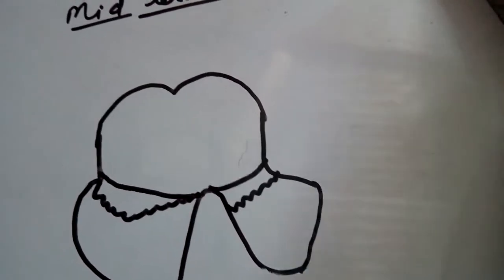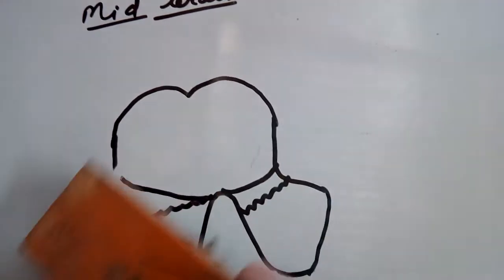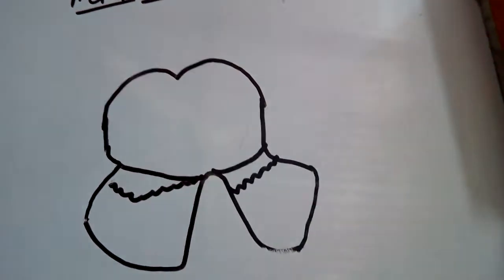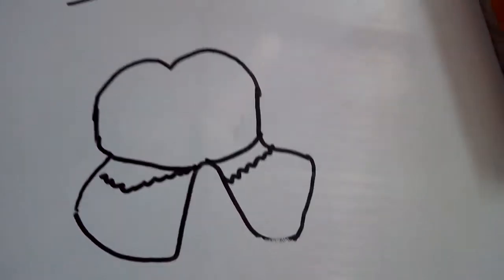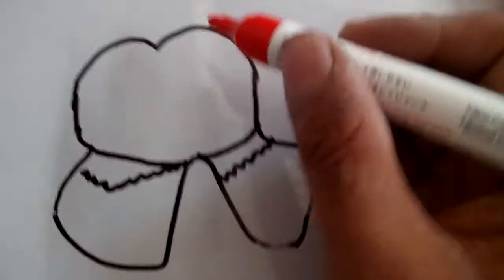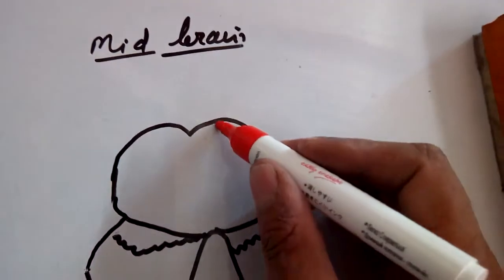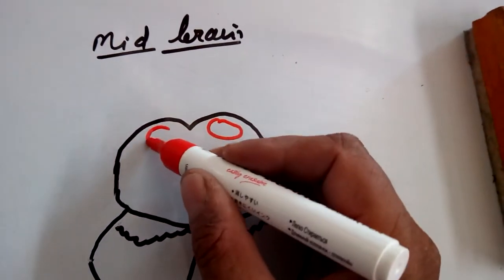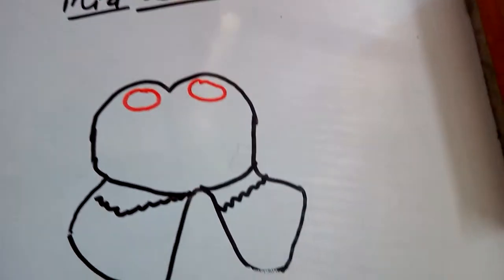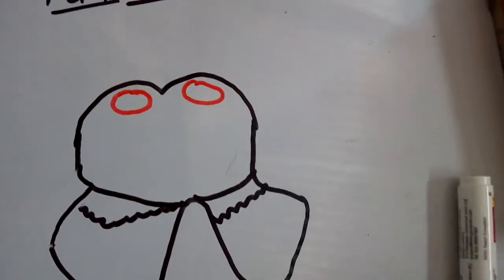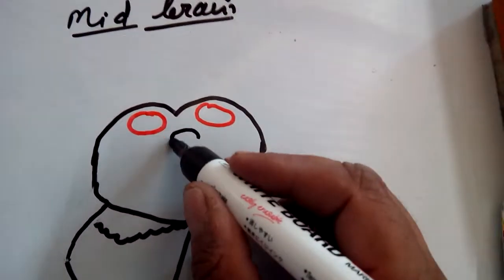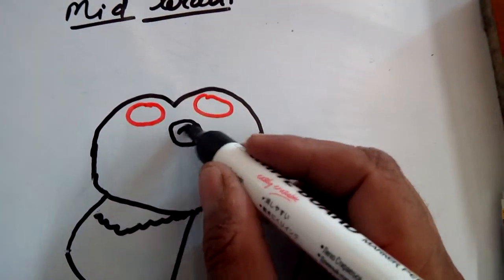So here is, again, the tectum having two large collections of gray matter. Here is the central aqueduct.